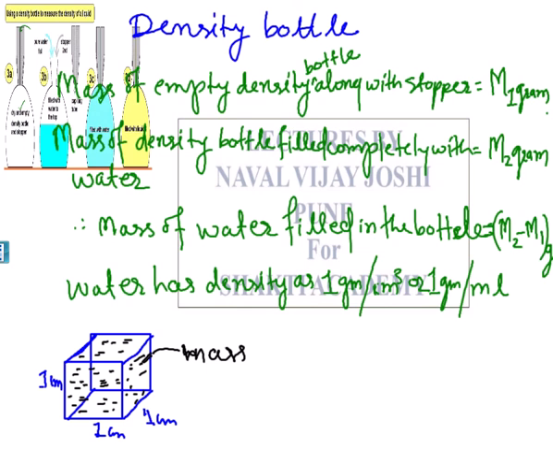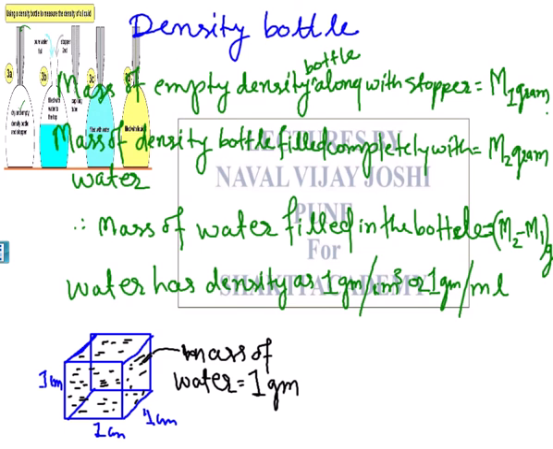But more correctly we must call it mass, remember. So, the mass of water is equal to only 1 gram. This means that the density of water is 1 gram per cm cube, and we are taking benefit of this property.